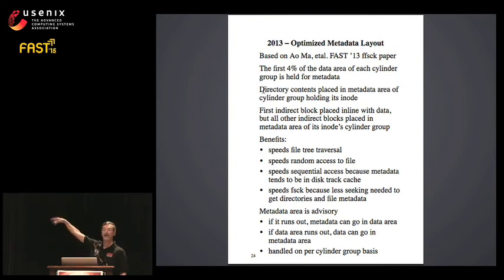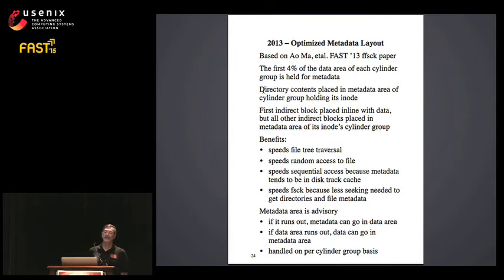So even though you're way off somewhere else getting the data, when you need the next indirect block, the disk already has it, and you just pick it right out of there, and you don't have to go zooming back to pick it up. And FSCK gets to run much faster. Not that any of you probably care about that, but FSCK needs to read the inodes, the directories, and the metadata blocks, and they're all right exactly where it needs them. So it makes FSCK run way faster, which was the point of their paper.